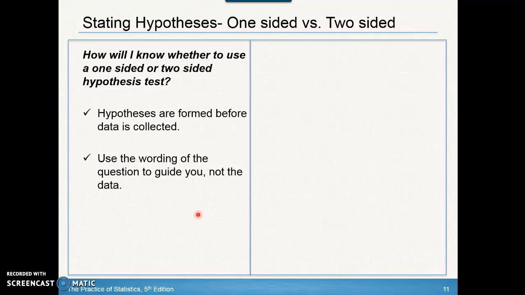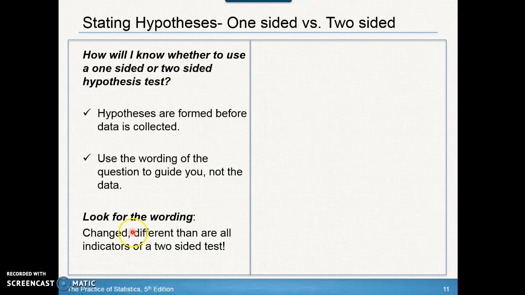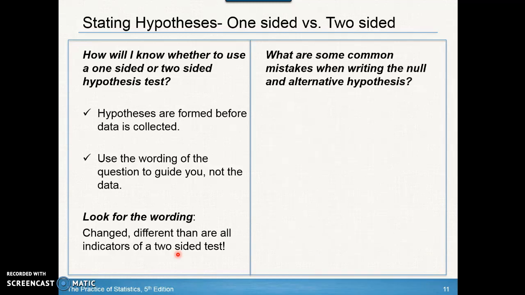So use the wording of the question to guide you. Don't use the data. The question will state: is it different than the mean? Is it less than the mean? Is it greater than the mean? You would look for words like changed or different than. Those are all indicators of a two-sided test. Basically, if it doesn't say greater than or less than, it's going to be a two-sided test.